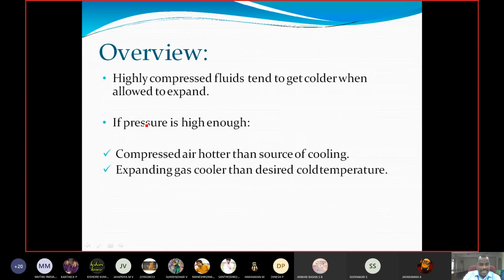So if the pressure is high enough, we can use that in this. If the refrigerant is highly compressible, we can use that refrigerant for the VCR. Then the compressed air is hotter than the source of cooling, and the expanding gas is cooler than the desired cold temperature. So these are some overview points of the VCR.